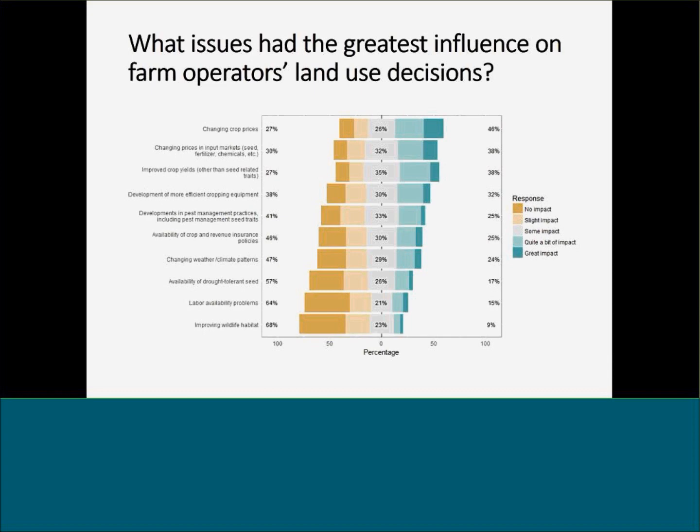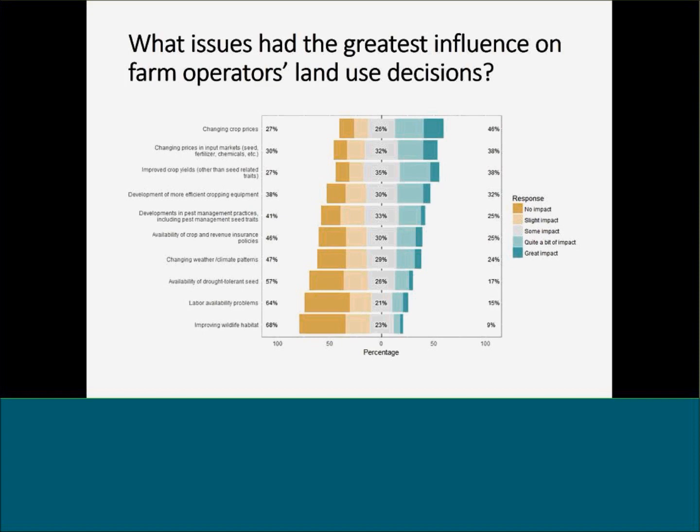But we can also take a step back and ask questions about the external drivers. Again, this was another question that was asked about what are the external factors, the issues that are having the greatest influence on farm operators' land use decisions.